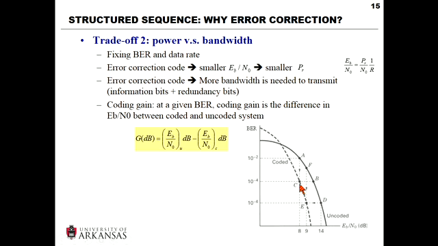For the uncoded system, the required Eb/N0 is around 12 dB, and for the coded system, to achieve 10 to the minus 4, the Eb/N0 is 8 dB. So the coding gain is 12 minus 8, which is 4 dB. The coding gain is defined as the reduction in required Eb/N0 to achieve the same bit error rate.